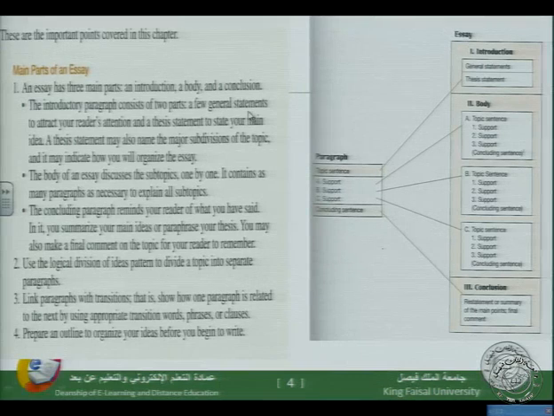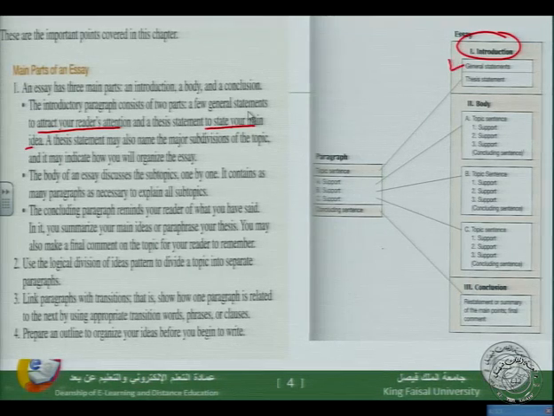Before we move on, let us look at this structure right here. In this one we have the introduction, and the introduction, as we said, consists of 2 things: general statements and the thesis statement. The general statement is to attract your reader's attention, and a thesis statement states your main idea.